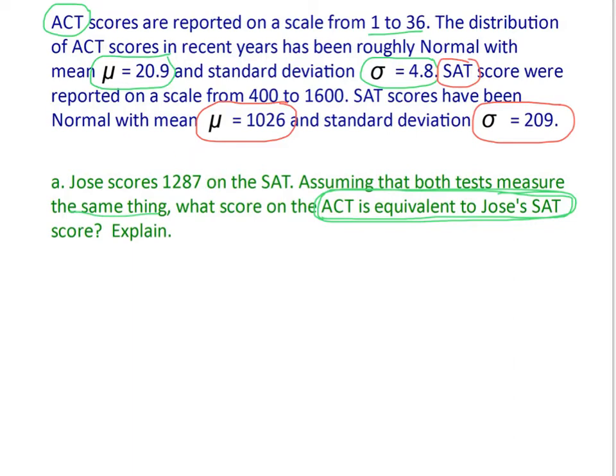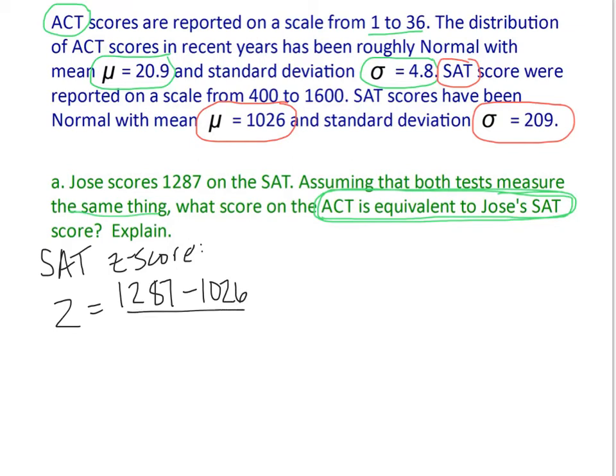So I answer this with z-scores. First I want to find his SAT z-score. Well, that would be z equals x of 1287 minus the mean of 1026 divided by the standard deviation of 209. And when I do that, I get 1.25 when I round to 2 decimal places.